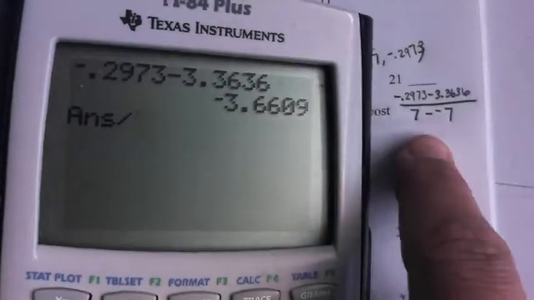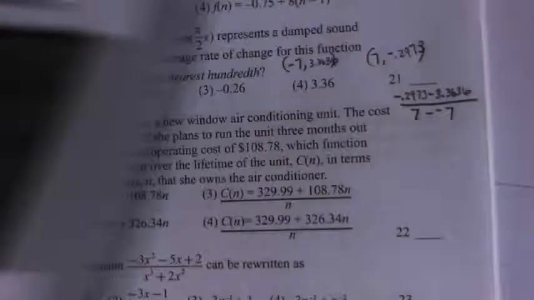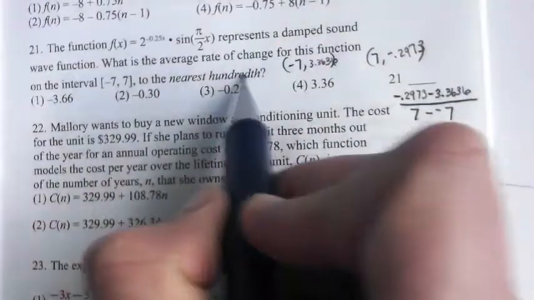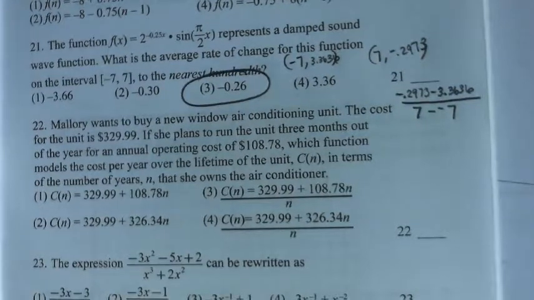Divided by 7 plus 7, 14. -0.26. So that would be a nice treat to have, a basic average rate of change question.